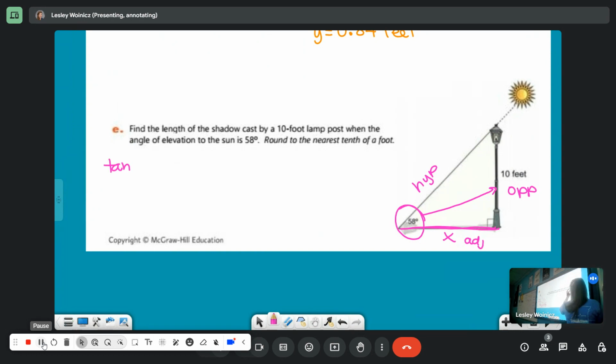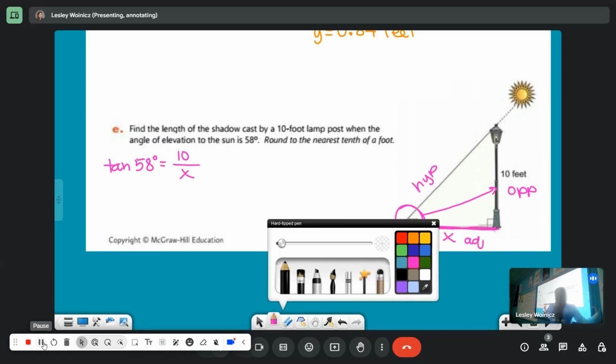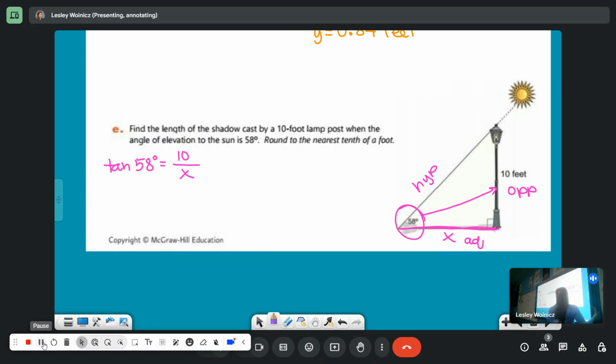So I'm doing tangent of 58 degrees, and it's opposite over adjacent. The opposite is 10. The adjacent is the x. Oh no, my x is in the denominator.